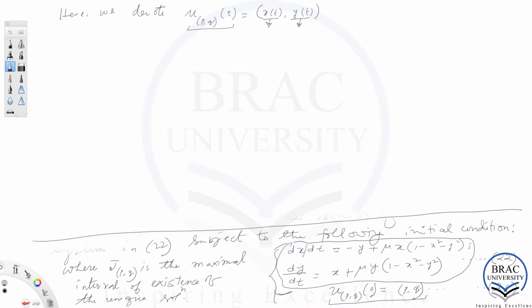So, according to the definition of the scalar function, v of u sub p comma q at t is going to be v of x of t comma y of t, right? Which according to the definition of v is going to be x of t squared plus y of t squared, right?